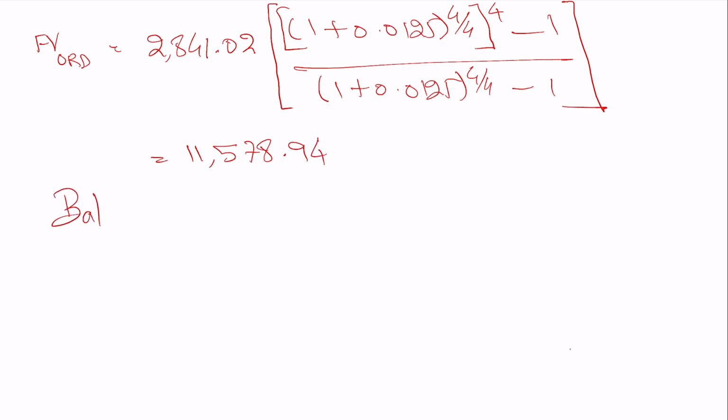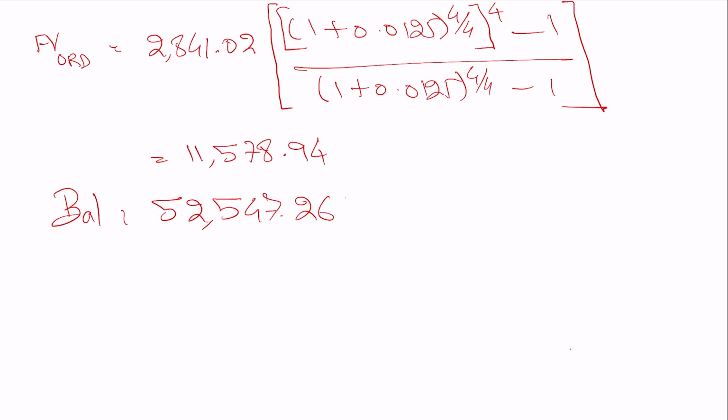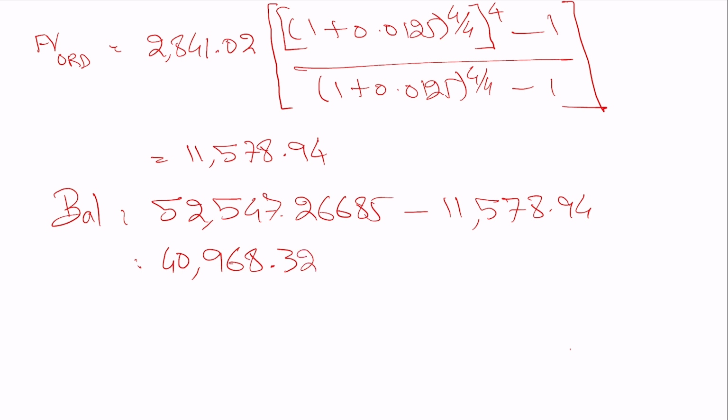So what is the balance? We can say that the balance is 52,547.26685 minus 11,578.94, so we get the balance like 40,968.32916.